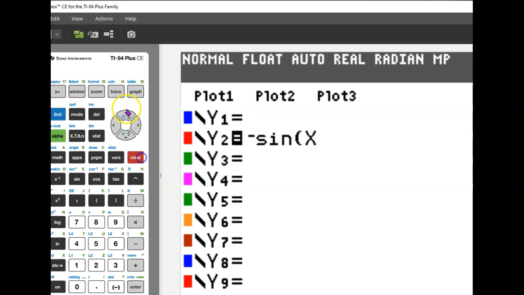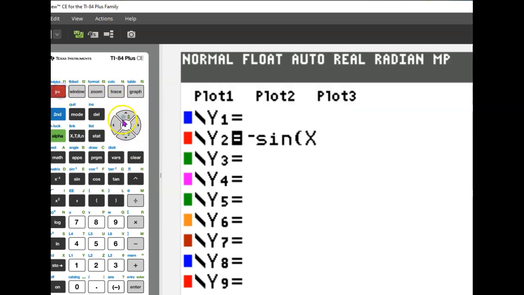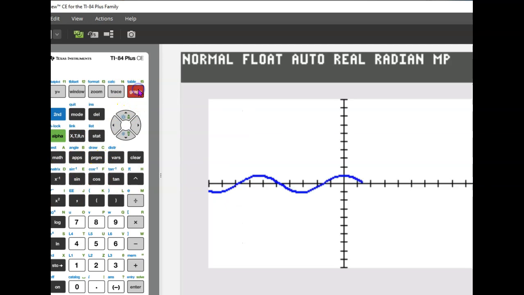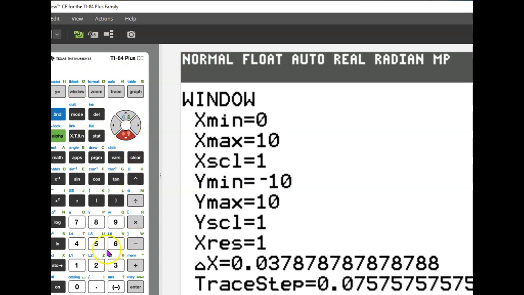If I graph cosine, cosine of x starts at 1, there it is, 1. And if you just want to see one iteration of it, one period, that might be helpful.